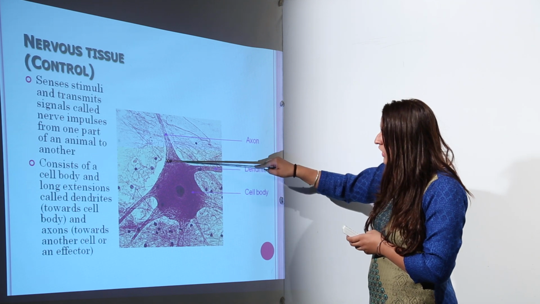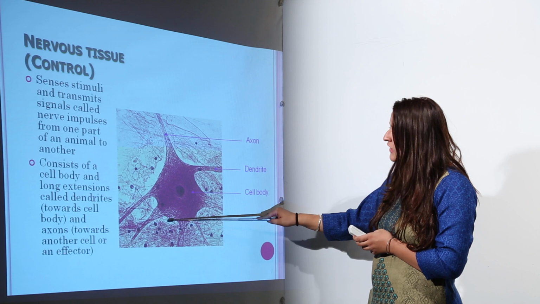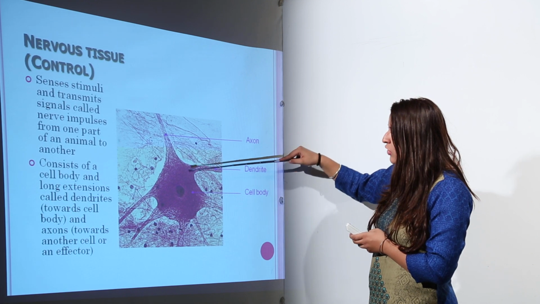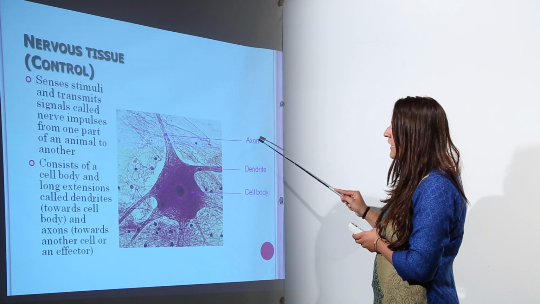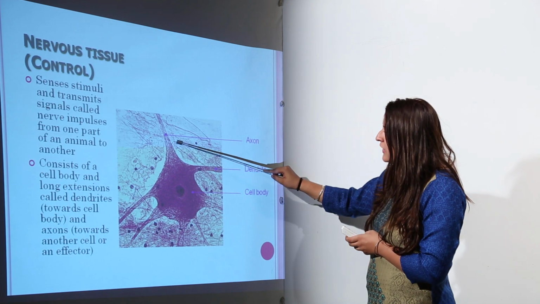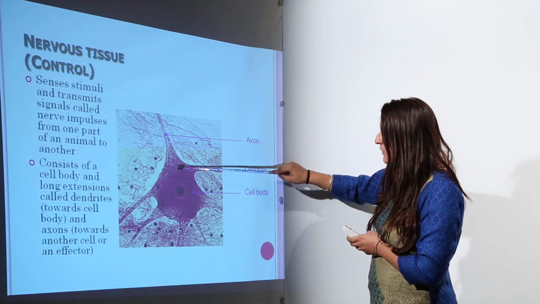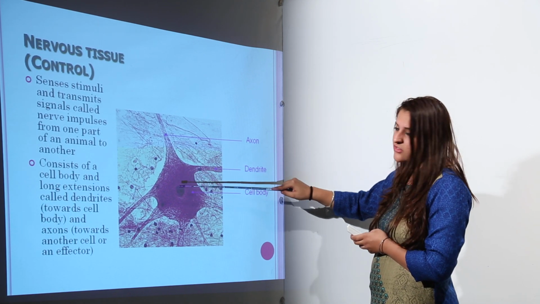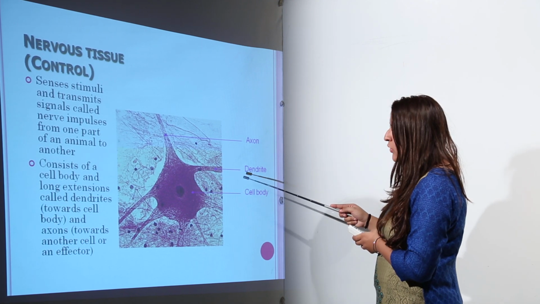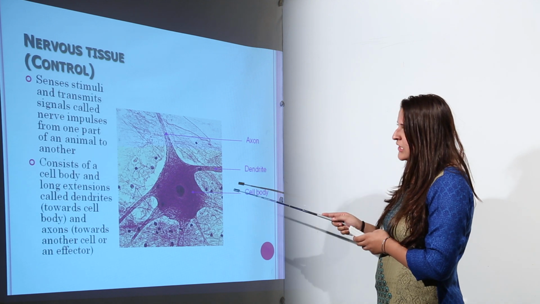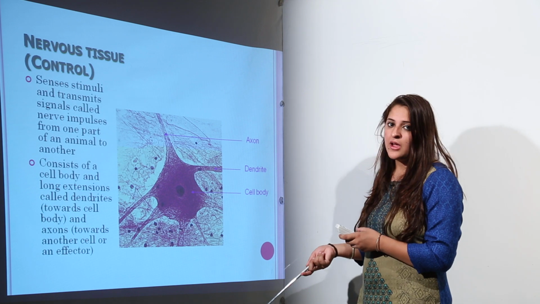Dendrites are the small projections, and the axon is a long projection extending from the cell body of the neuron. It is also lined by some material, and the neuroplasm is the fluid-like structure in which these granules are floating. So this is all about nervous tissue, and nervous tissue, connective tissue, epithelial tissue and muscle tissue are all these types of animal tissues.